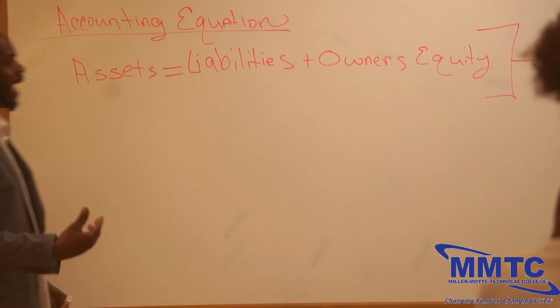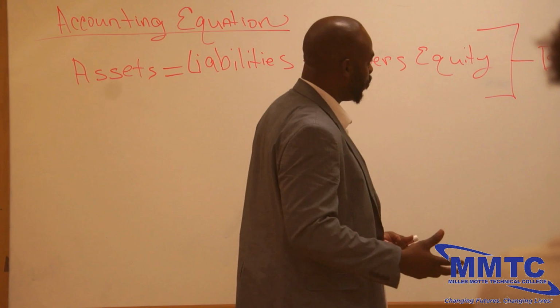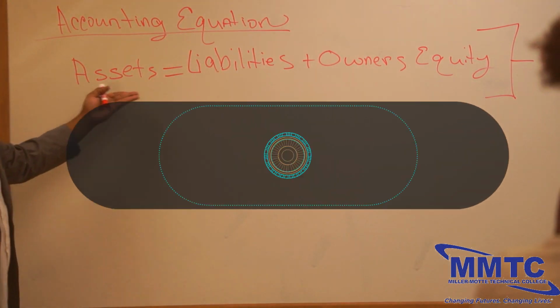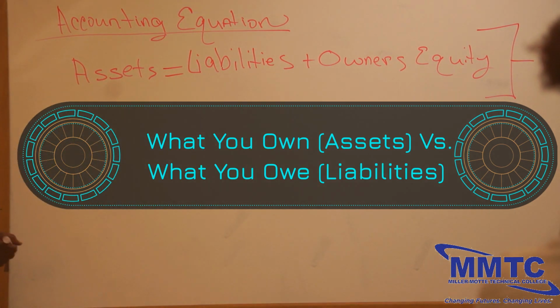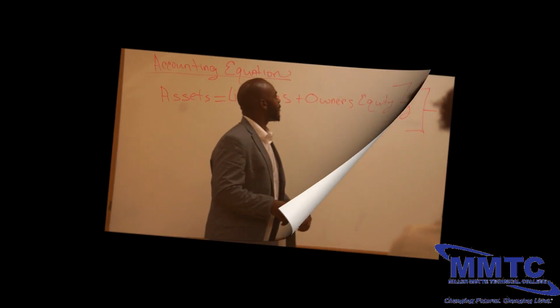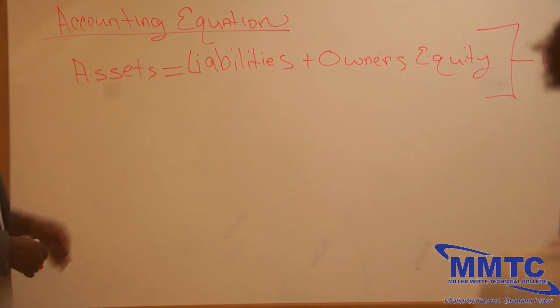The balance sheet gives us an overview of what the company owns. Accounting equation: assets is equal to liabilities plus owner's equity. These components are housed on the balance sheet.